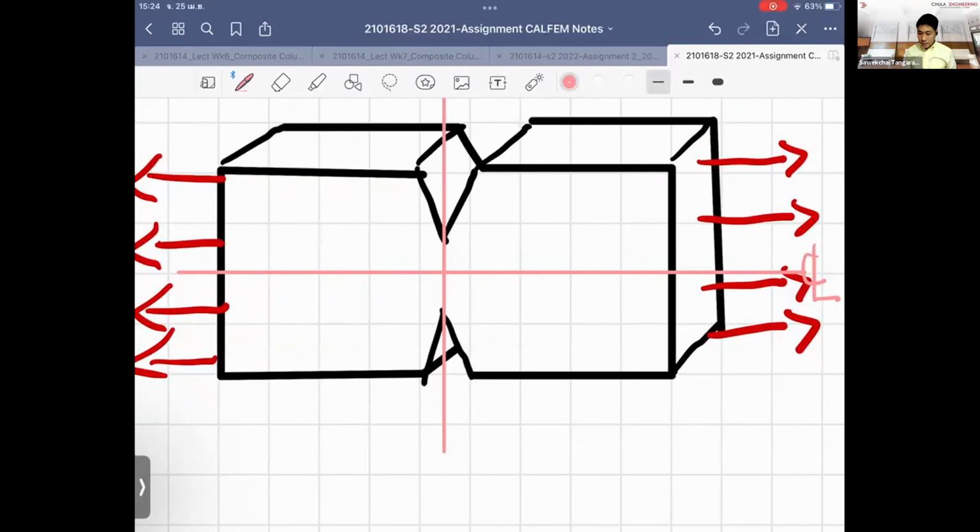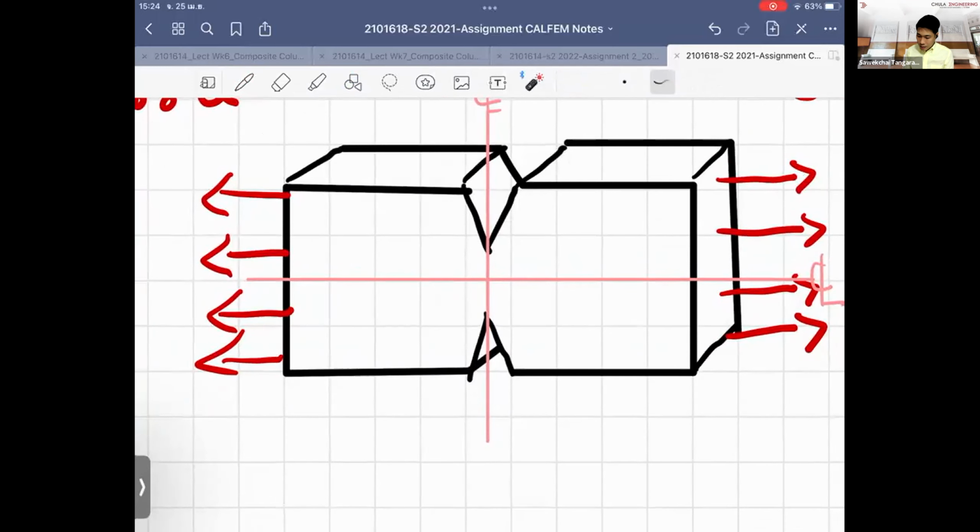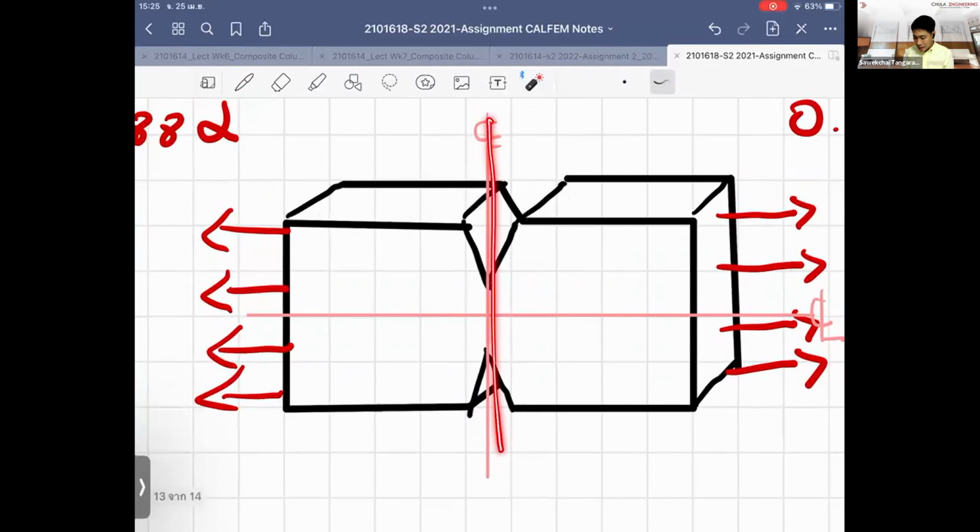What happens by doing this is that I'm saying the response of each quarter will be the mirror image of the others. For example, if I'm looking at the symmetry about the y-axis, the response of the notch problem here will be similar to the response over there, but on the opposite side. It's like a mirror image of each other.